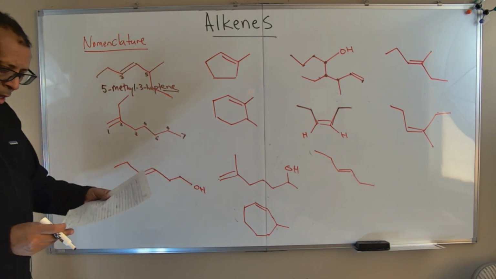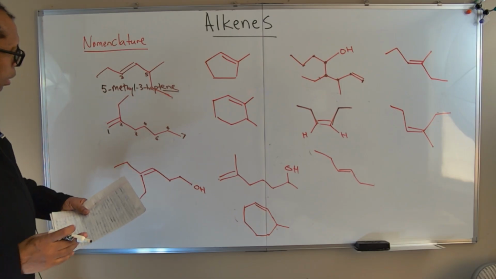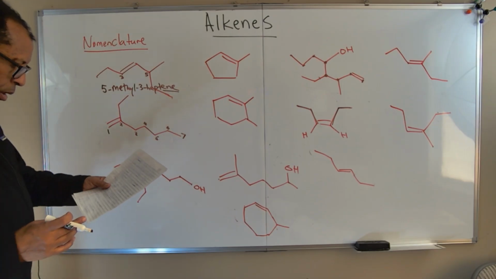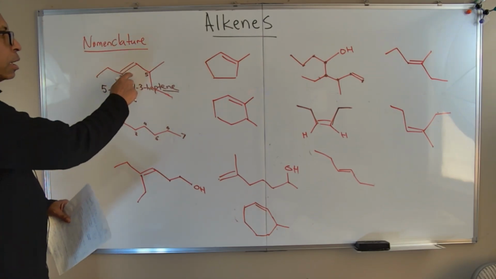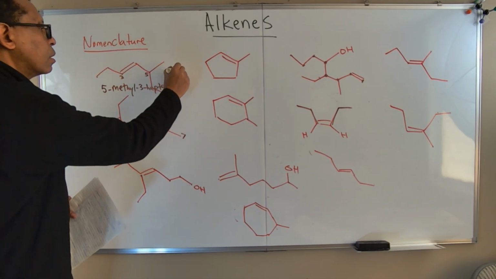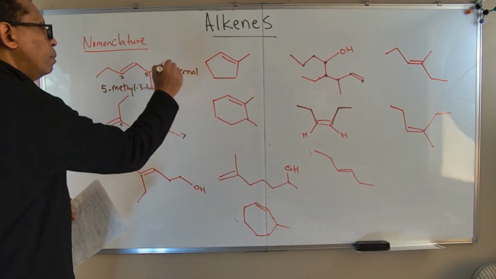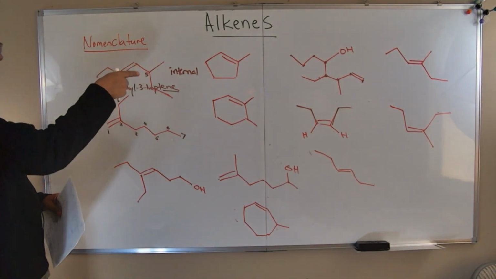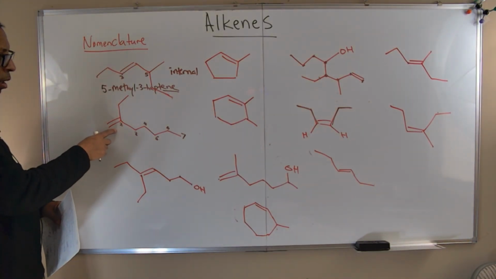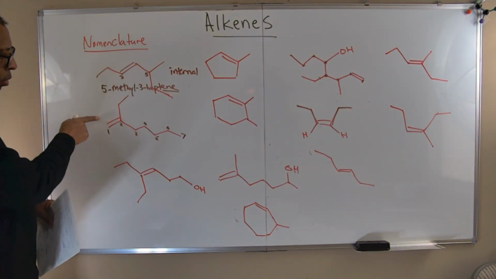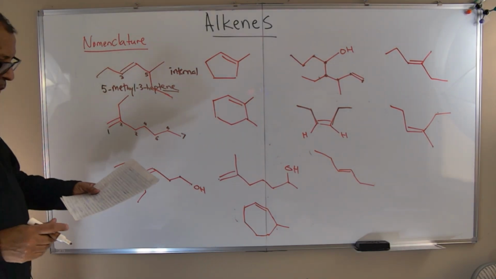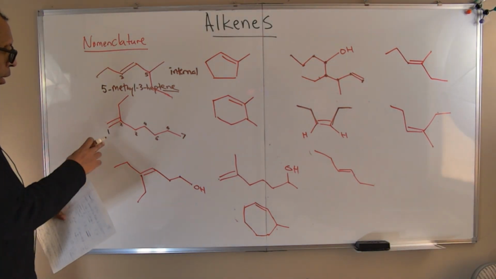This is as well a 7 carbon alkene. So this is an internal alkene, just to mention, because the double bond is between carbons. Here this is a terminal alkene because you have hydrogens on this side.